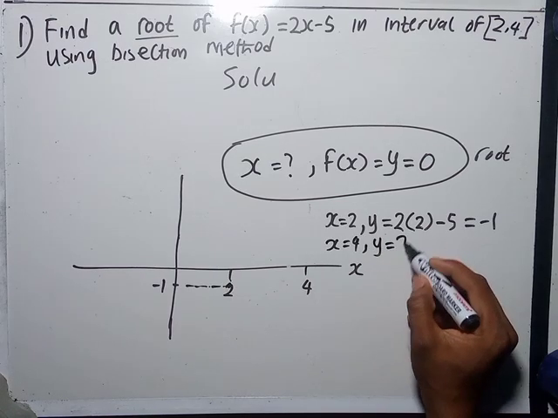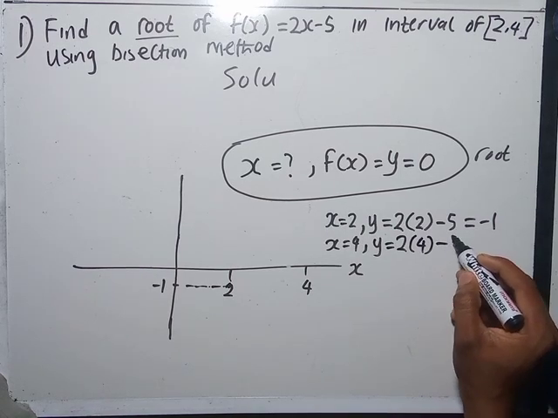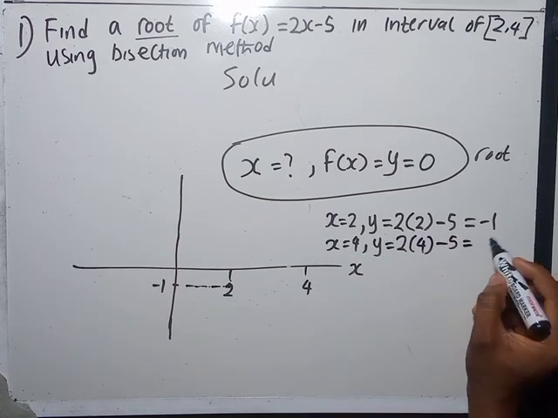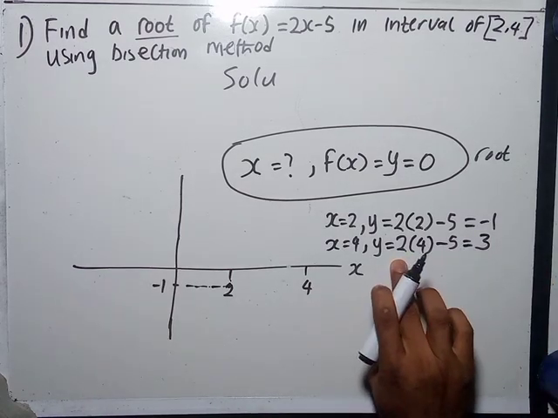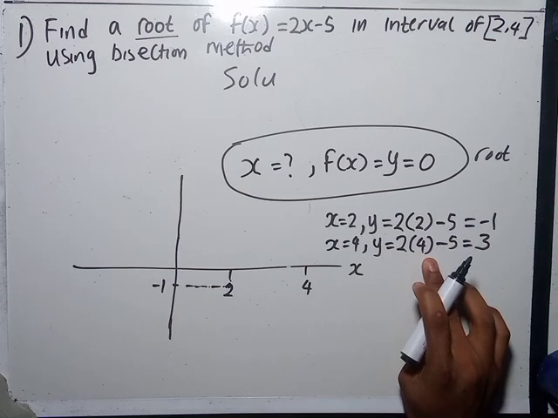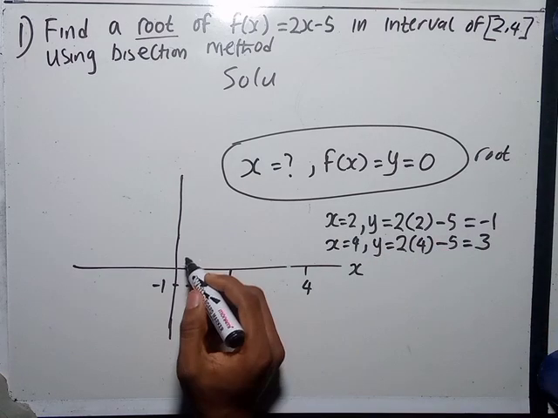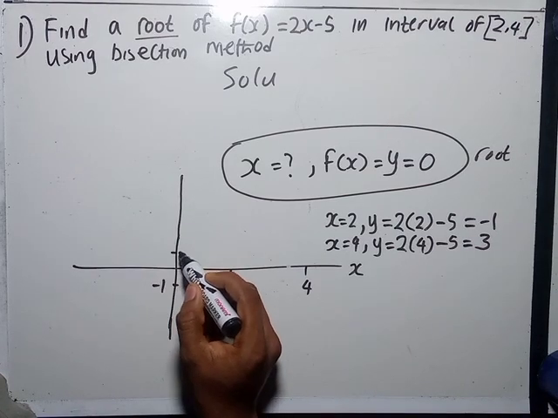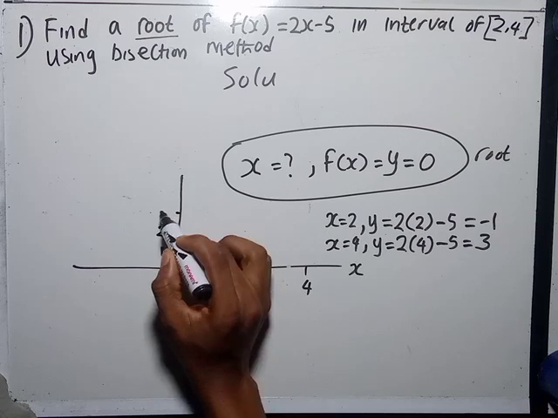Y is equal to 2 times 4 is 8 minus 5, which is what? 3. So say here is 1, here is 2, here is what? 3.